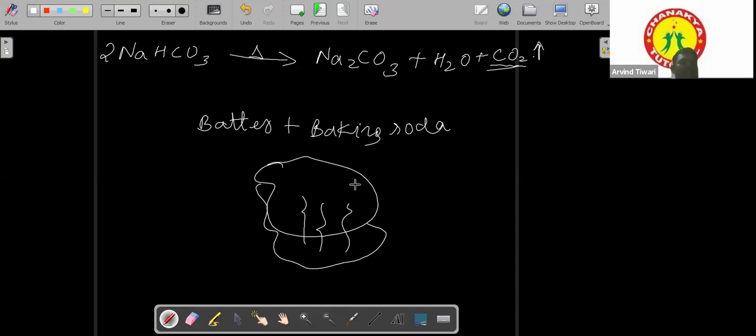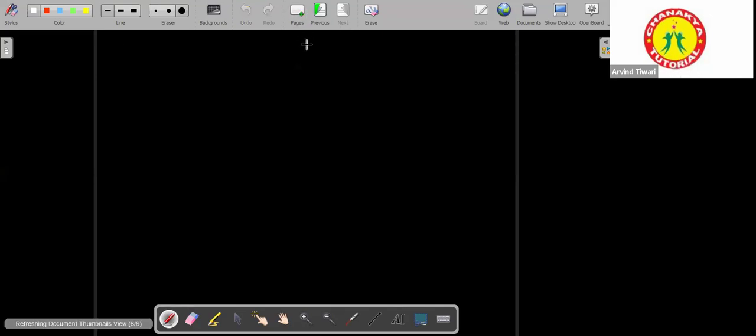So today we have completed two important chemicals, washing soda and baking soda. Let's try to rewrite the manufacturing of washing soda. I am waiting, if you can rewrite the manufacturing of baking soda without looking at your notes. Can you write down the manufacture of baking soda?